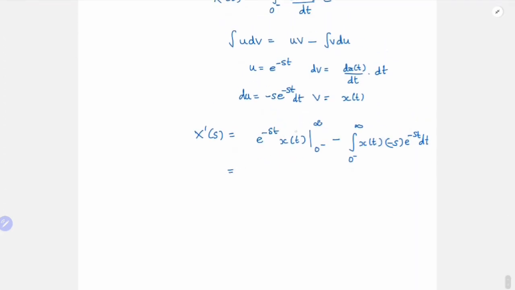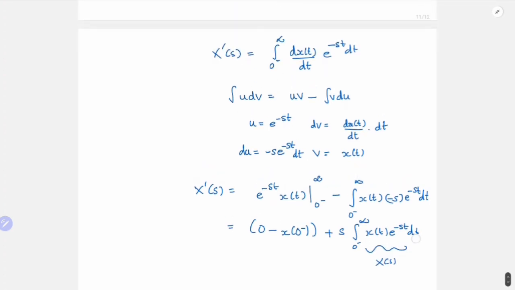If I evaluate at infinity, this term will go to 0. So I'll get 0 minus x of 0 minus, and of this s, I can take it out. So it is plus s integral 0 minus to infinity x of t e power minus st dt. So this is nothing but X of s.